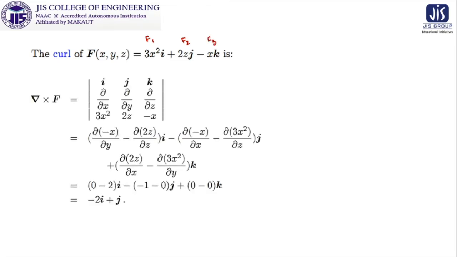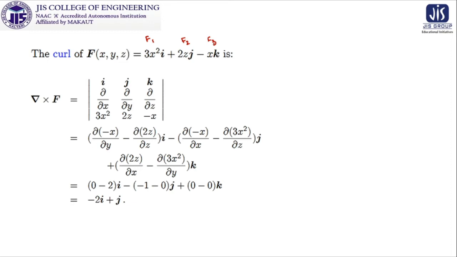So if we proceed to the next problem, we have to find the curl of f(x,y,z), which is given as 3x squared, that is the f1 component, 2z the f2 component, and x the f3 component. Then what will be the result according to the definition?